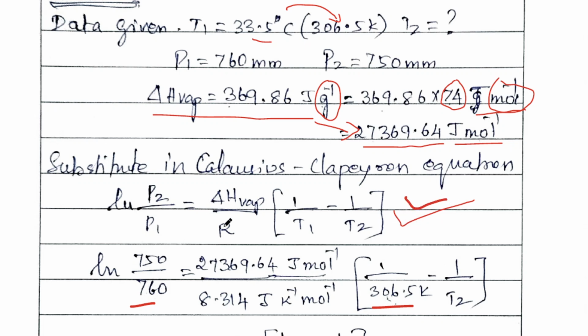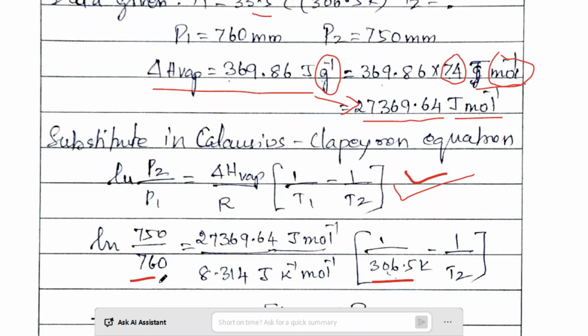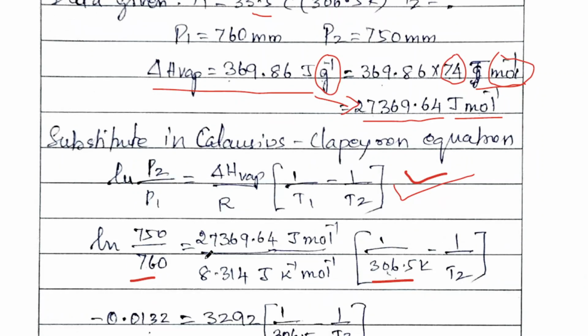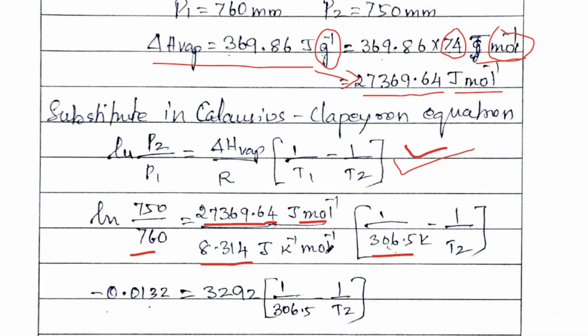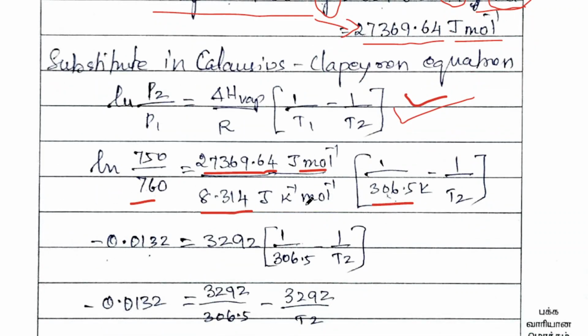ln P2 by P1: P2 is 750, and the initial pressure P1 is 760. We have calculated the delta H vaporization in joule per mole, and the universal gas constant is 8.314 joule per Kelvin per mole. Here we have 1 by T1, where T1 is 306.5 Kelvin, and T2 we are going to find out.